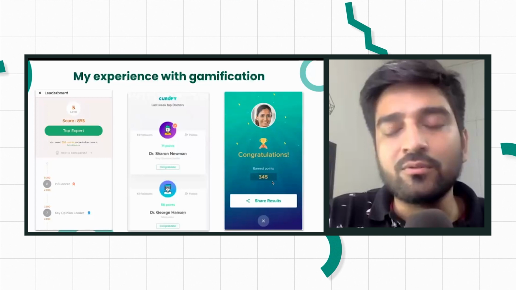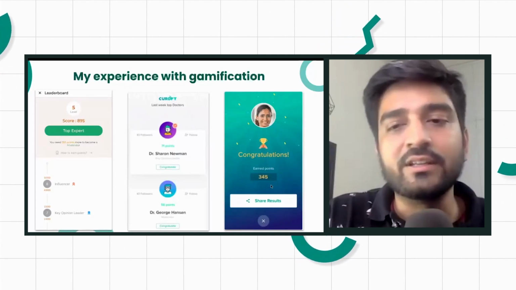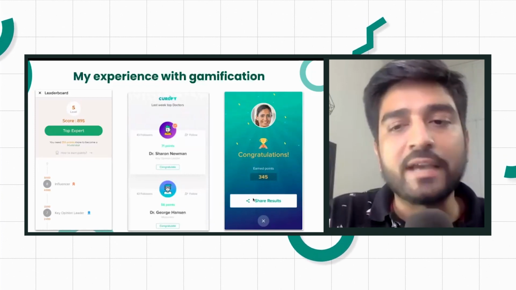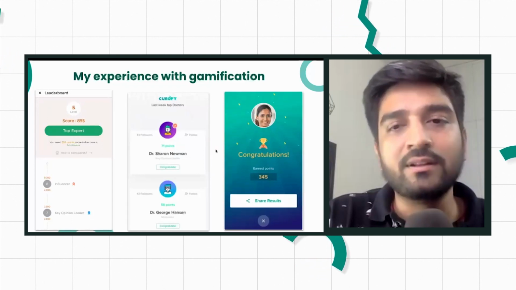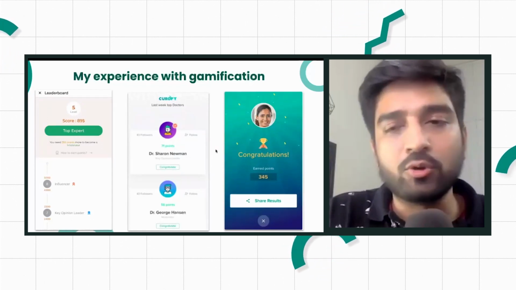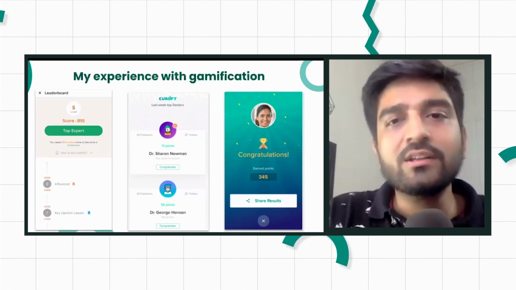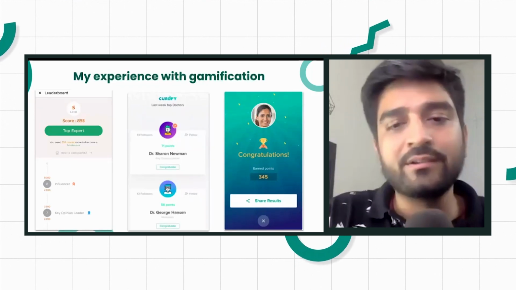And then once someone would achieve a milestone, let's say within the week they earned a certain number of points, we would actually ask them to share these things both in their private circles, like WhatsApp groups and so on, or public social platforms. So this is one way how we did gamification, and there were a lot of other elements that we had.